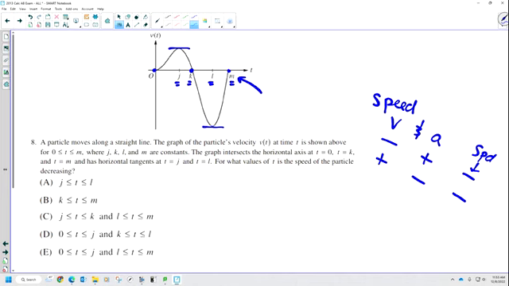So we can do it that way. For velocity, anything above the x-axis is positive, and anything below the x-axis is negative, since y is velocity. So on this graph, this represents positive velocity, and this represents negative velocity.